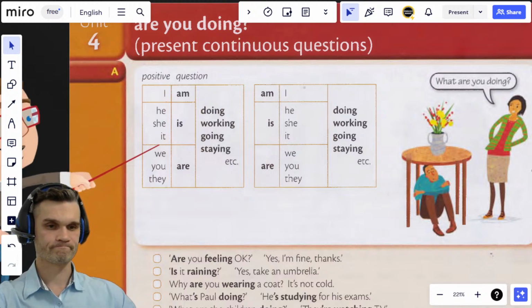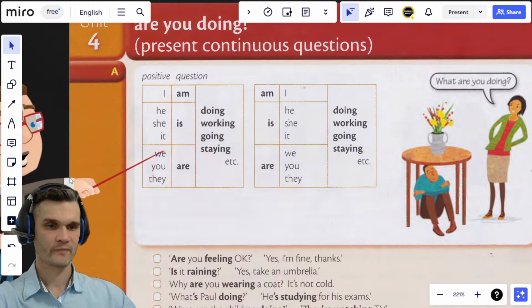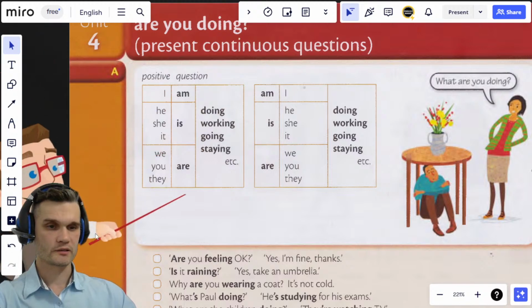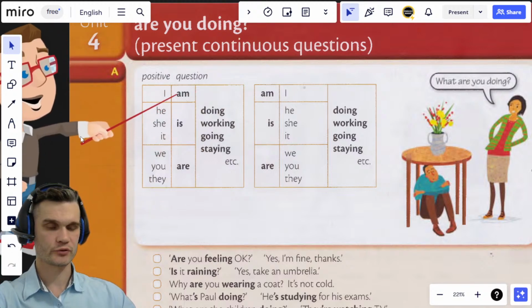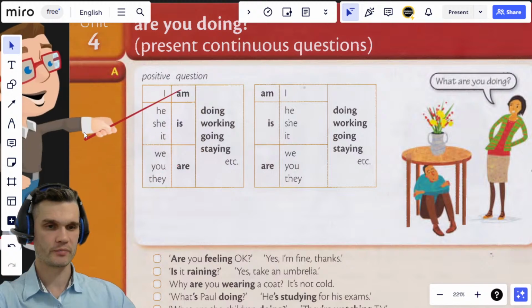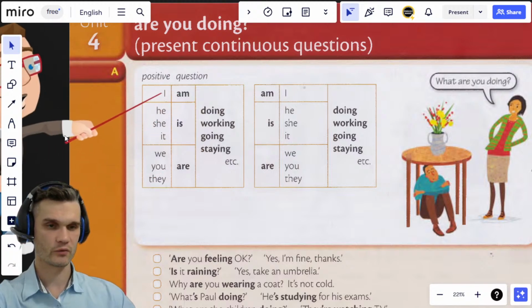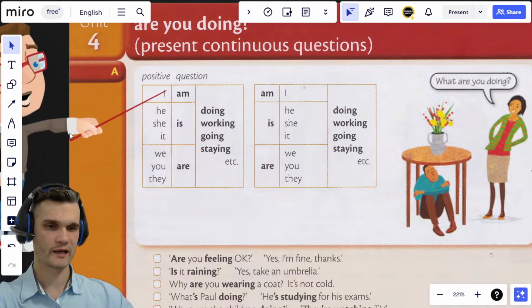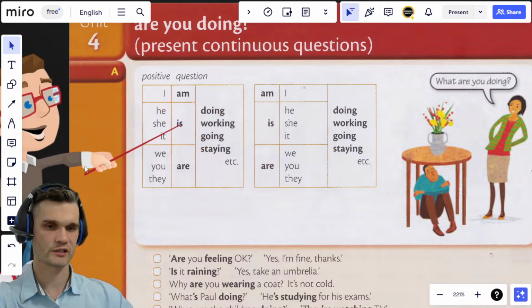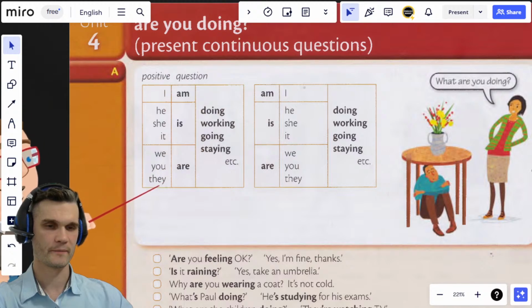So, what we should know is that we have to transform the to be verb depending on the kind of pronoun we have, like I am, he's, she's, it is, we are, you are, they are.